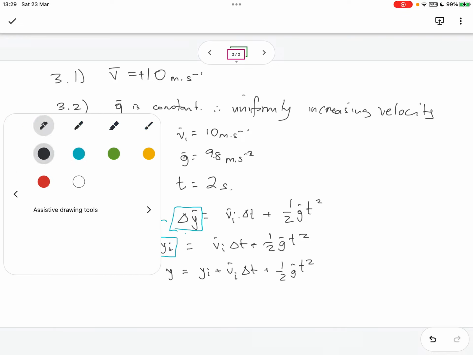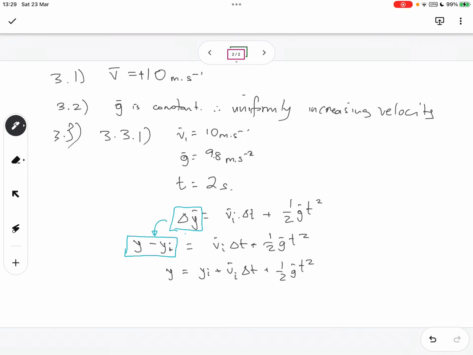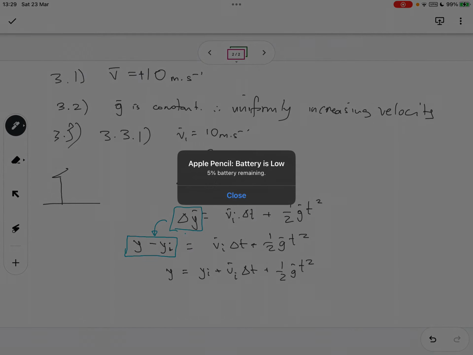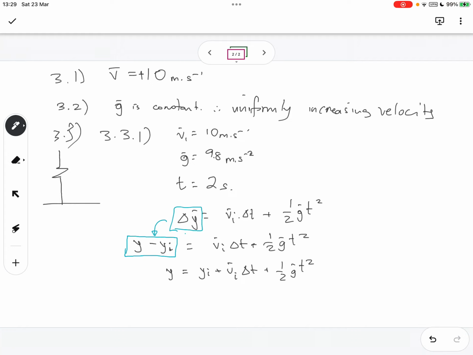So if we think of moving up the building from the floor all the way to the top of the building, then we have y there, and we have yi there. Why yi there at the bottom? Because it's the initial height. It starts at the bottom going up.